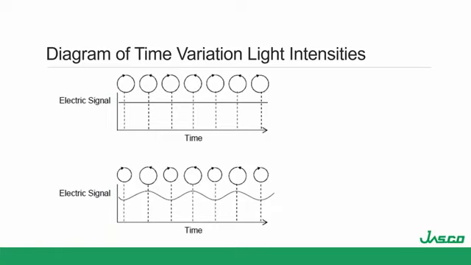So here's a diagram of time variation light intensities. The top is basically an example of what you would see on a chromatogram, so signal versus time, when no CD active compound is in the flow cell. So what you see is the light changing directions at fast intervals, but you don't see any signal.